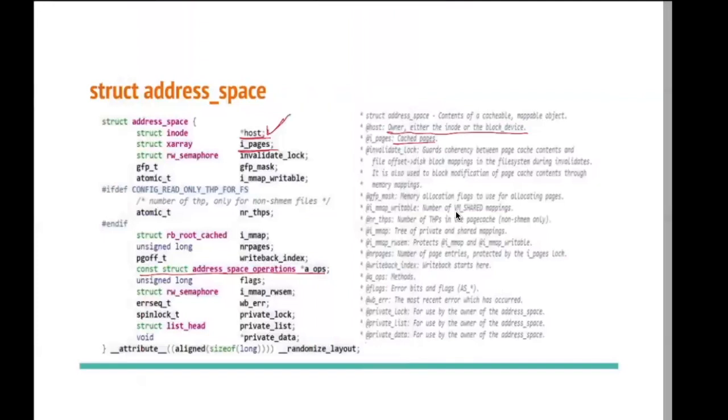And we have other variables that are not that important for this video. So this is address_space_operations. You can say that these are all the operations that we can do to manage the cache of pages.